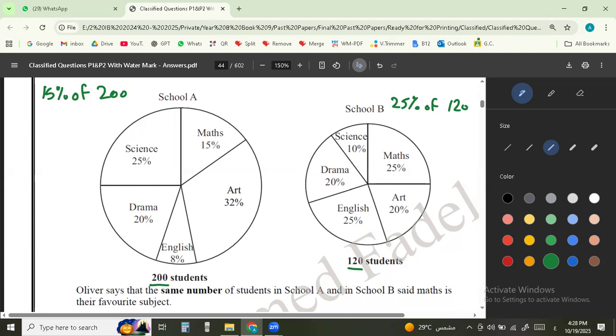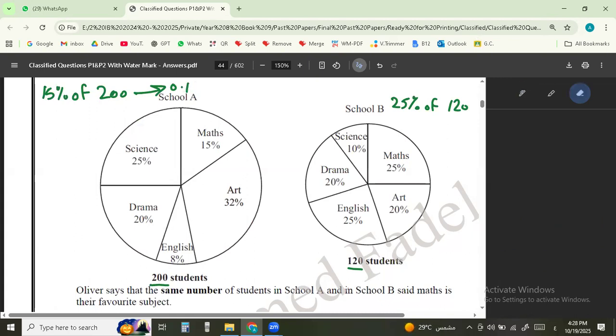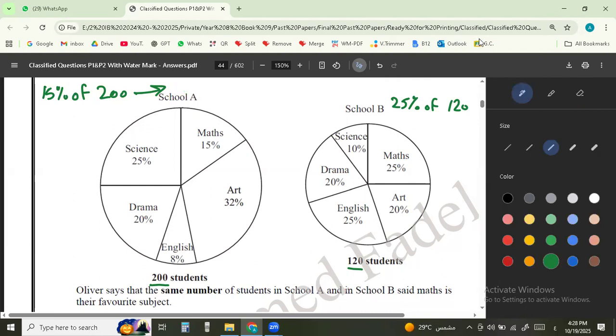You can simply do the following. You can say it is 15 multiplied by 200, and the answer divided by 100. 15 times 200 and the answer divided by 100 is going to give me exactly 30 students.